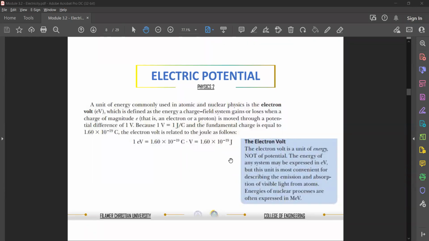The energy of any system may be expressed in electron volt, but this unit is most convenient for describing the emission and absorption of visible light from atoms. The energies of nuclear processes are often expressed in mega electron volt, MeV.